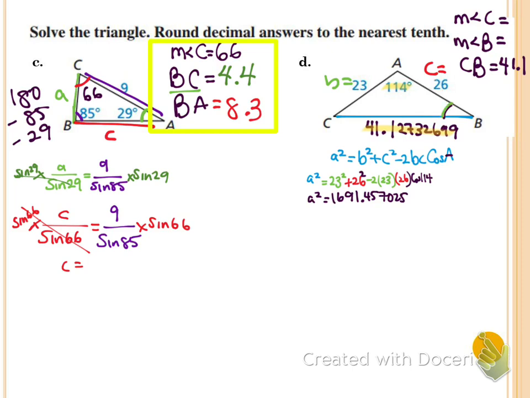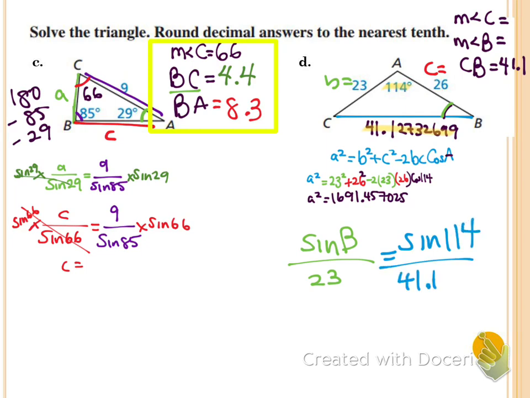So remember, we're using law of sines, so sine of angle B over 23 equals sine of 114 over 41.1273269 times 23.